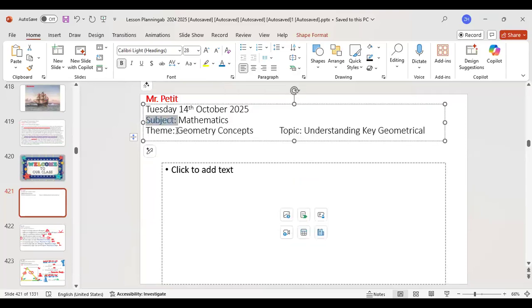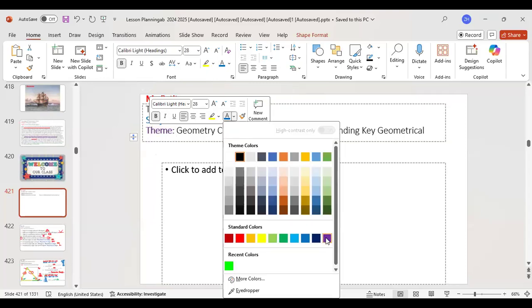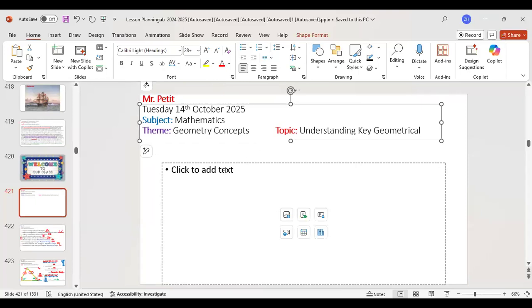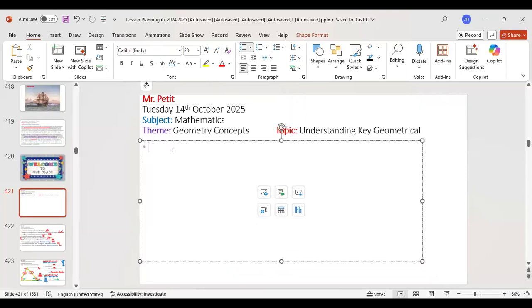So understanding key terms. So this is gonna be that. Okay, so let's begin. So the first one is, we start off with what is the first thing that we start off with in geometry?